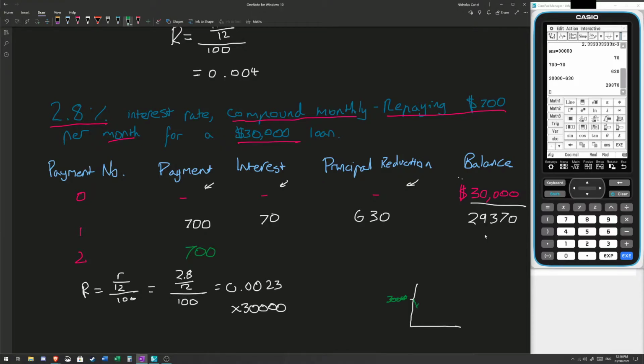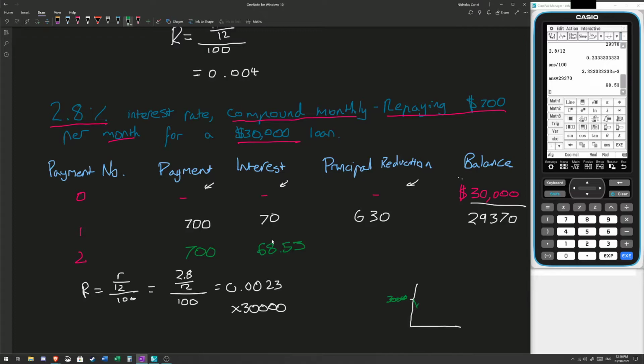Okay. So again, to work that out, we'll do this whole formula again. We don't really have to, but we'll do it again just to go through it. We go 2.8 divided by 12. And we divide that by 100. And we multiply that by our balance. Okay. $68.53. That's how much interest.